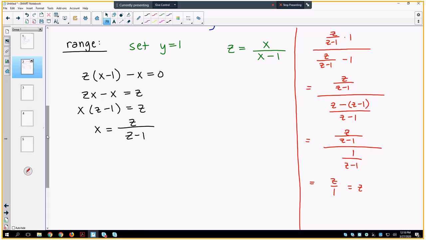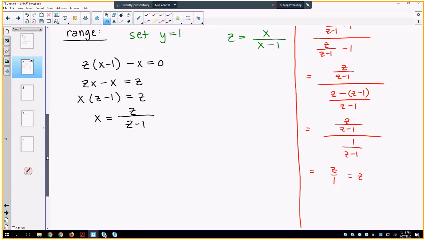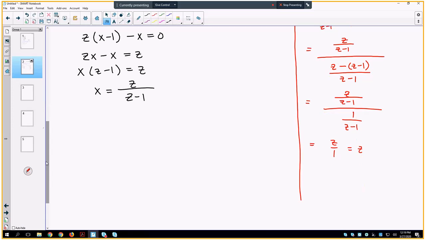So I can get back any real number z by putting in x equal to z over z minus 1 and y equals 1. But I have to be careful because I already said that x is not equal to y. So what if my x was equal to y?